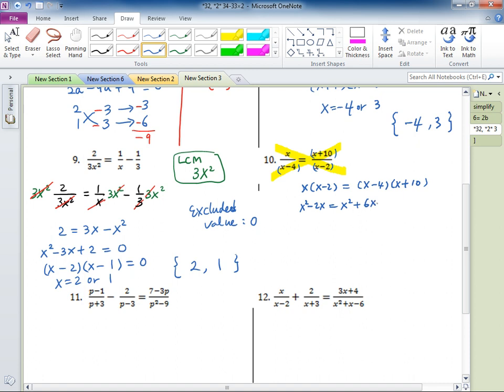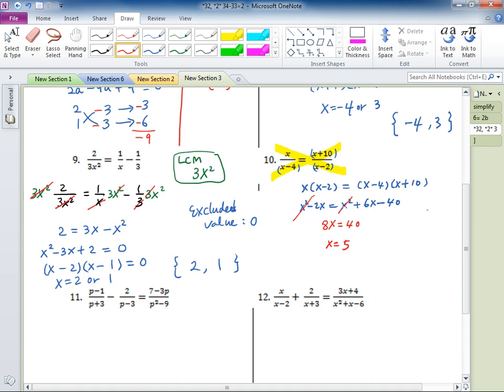So that will be 6x minus 40. And let's see. Can I cross out x squared and x squared? Yup. Okay, now it's a linear equation. So this will be 8x equals 40. So x will be 5.